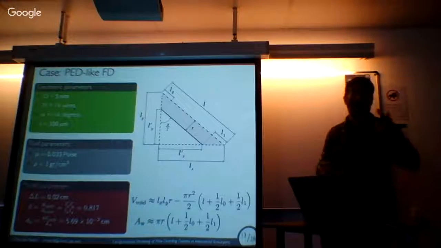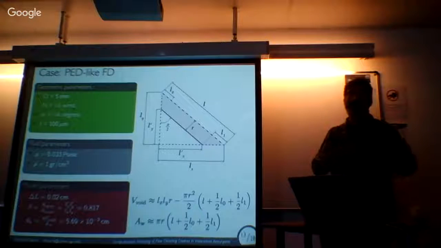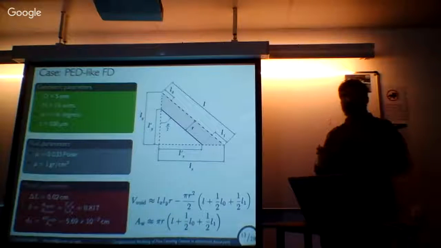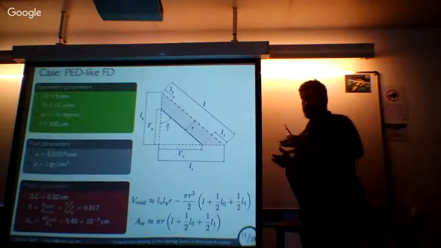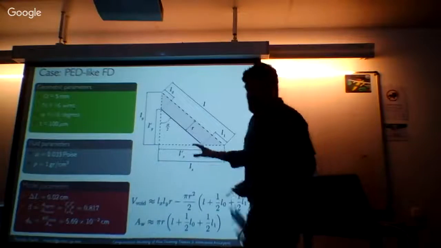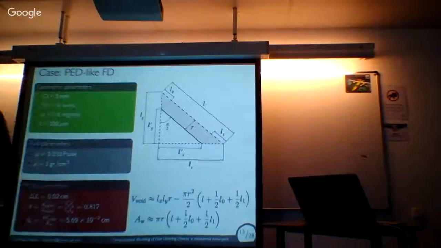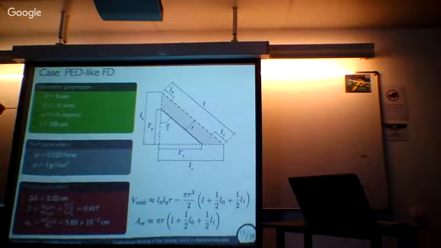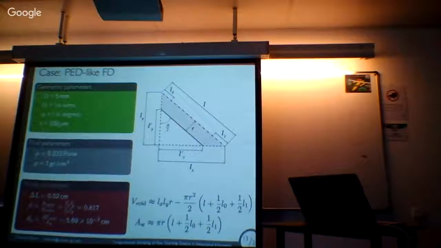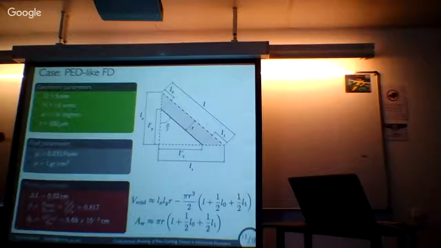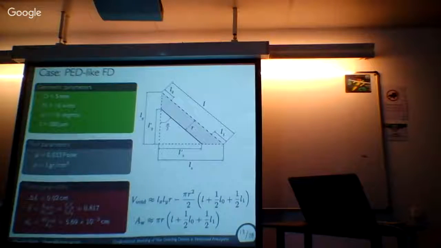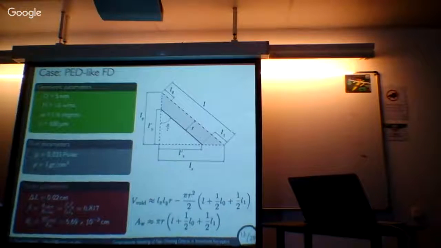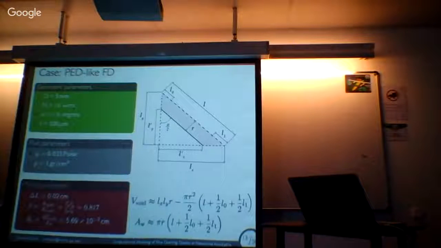They have different wire diameters and different wire arrangements. It's not that regular, but basically the idea would be the same. We will have our geometric parameters here and the parameters of the fluid, and from there we obtain the parameters that our model is using.